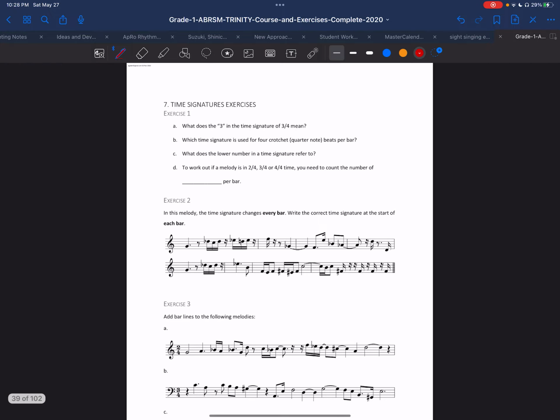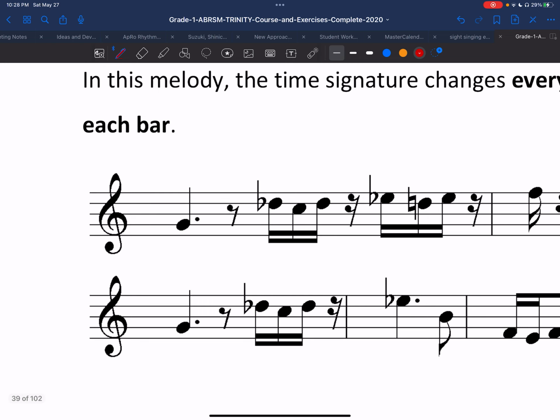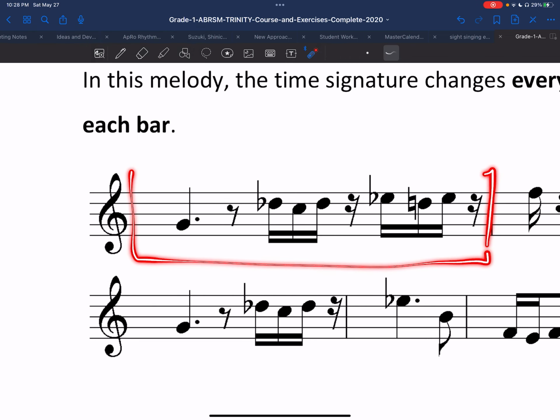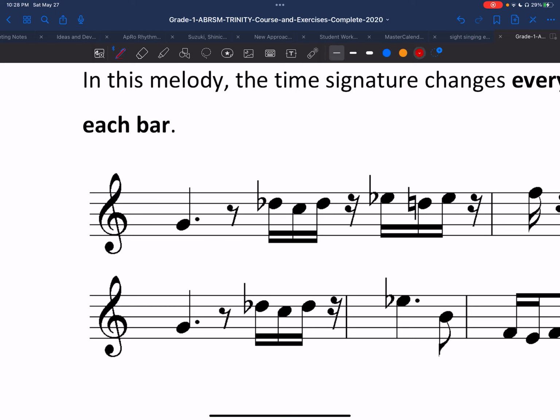So jumping back over here, in this measure, we're going to only look at this space. Now we take our pencil and write the number of beats that we have for each one. Our dotted quarter note would have a total of 1.5 beats. Then we have an eighth rest. Eighth rests are worth half a beat each.